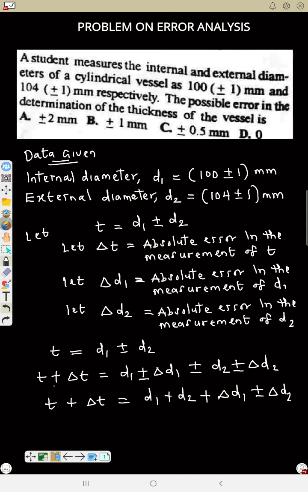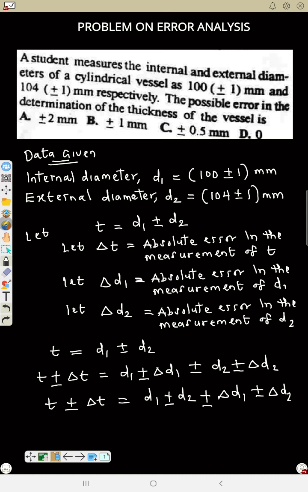If you like, you can put plus or minus here also, because it's the maximum I will pick later. So now if I combine this D1 and this one together, I will have D1 plus or minus D2, also plus or minus delta D1, so it will remain plus or minus delta D1 and plus or minus delta D2.